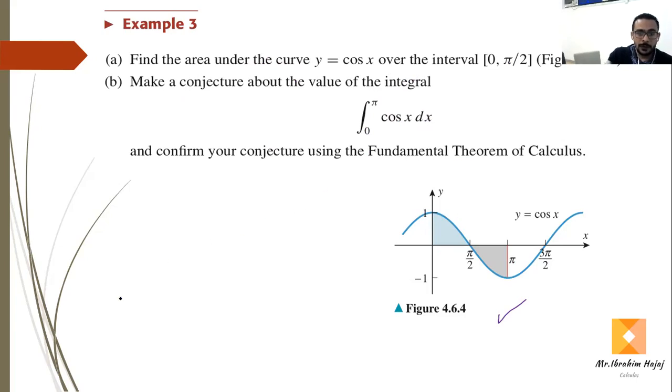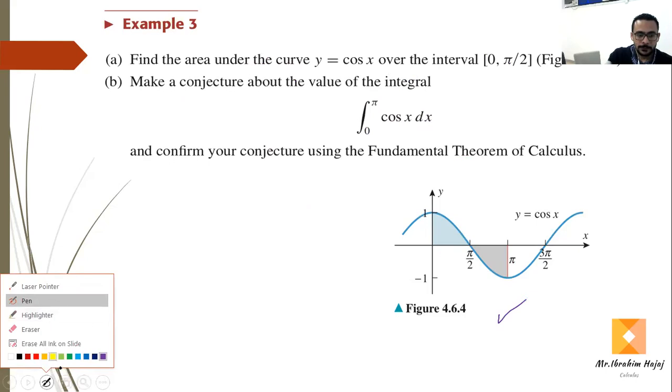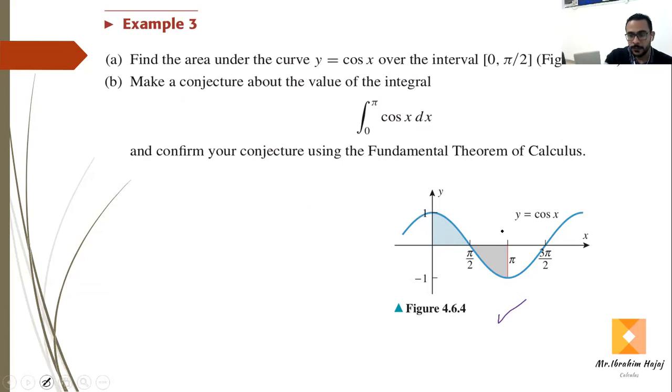So letter A, who would like to find the area under this curve from 0 to 2 pi? Raise your hand. What's the area from 0 to 2 pi of the function cosine x under this curve, above the x-axis? We have to find the area under the curve.